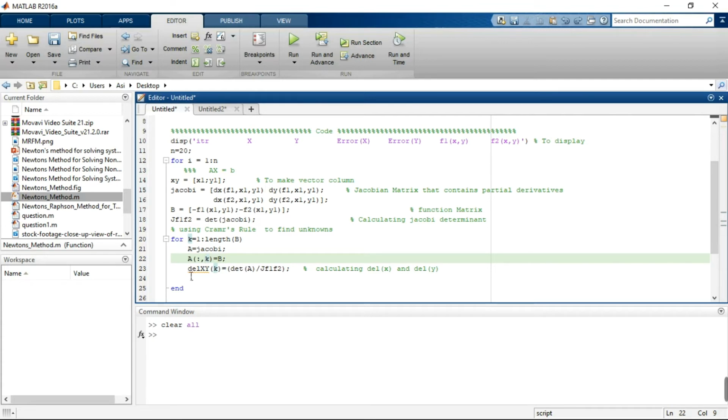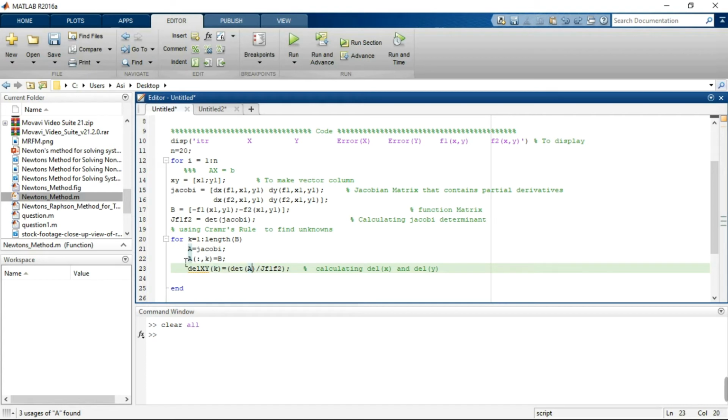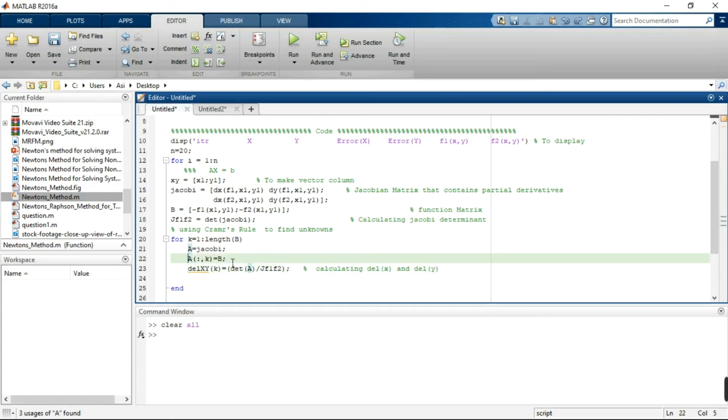Finally del xy is equal to the determinant of matrix A that we got over here, when k is equal to 1 we get del x, and when k is equal to 2 we get del y, divided by J f1 f2, that is the determinant of the Jacobi matrix.